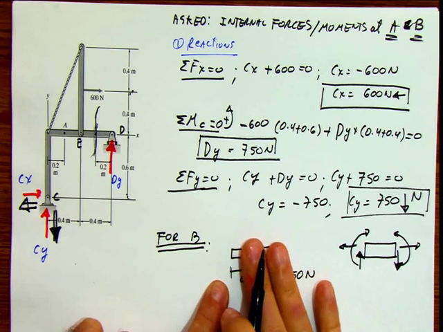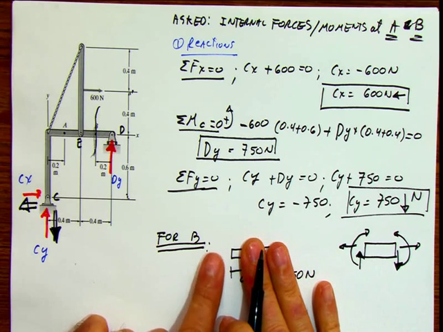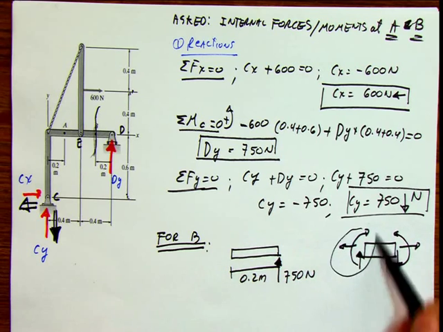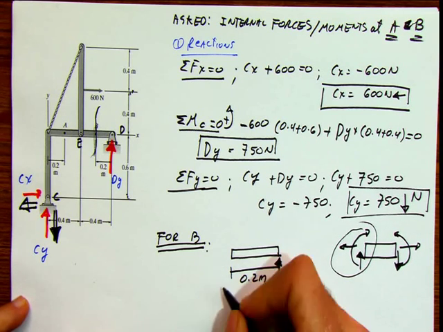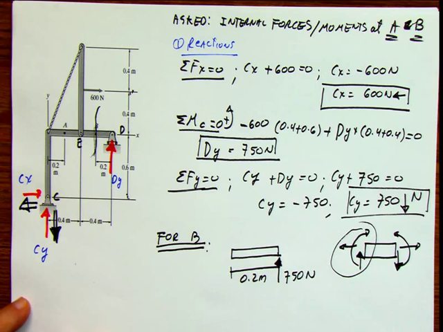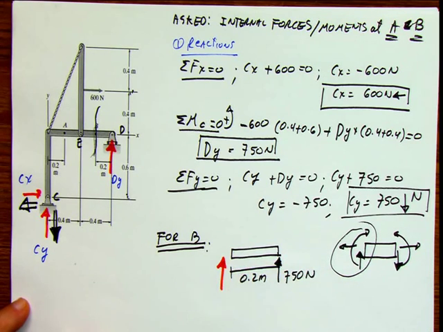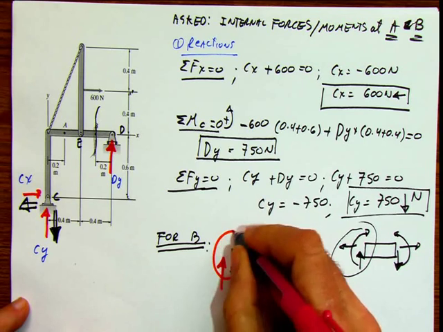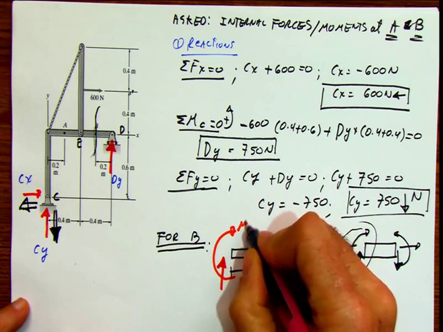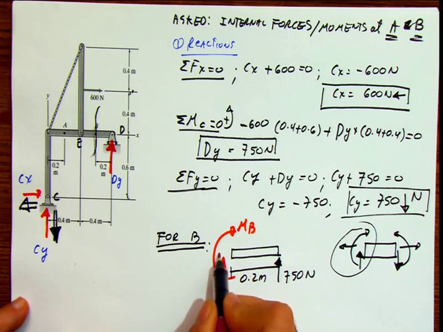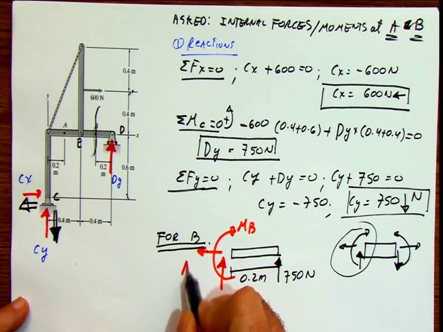Well, it happens that I'm studying this section, this side, so I have to use this as my positive convention. So I'm going to put here that my shear at B comes in that direction, my moment at B goes in that direction, and my axial at the point B goes in that direction.